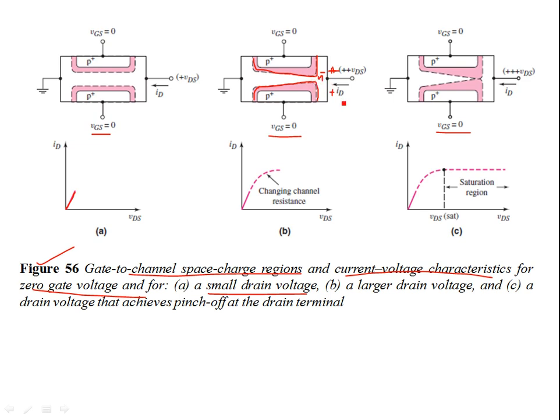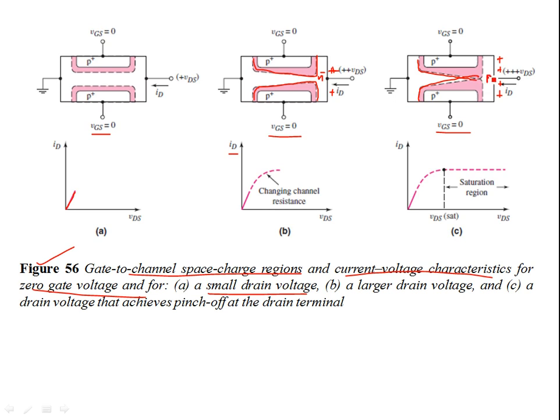As a result, increasing VDS does not help in increasing the current ID because of the high resistance at the drain terminal. So as you go on increasing VDS, as more and more charge is accumulating on the drain terminal, a point comes where the channel is still tapered off, but it closes at the drain side.